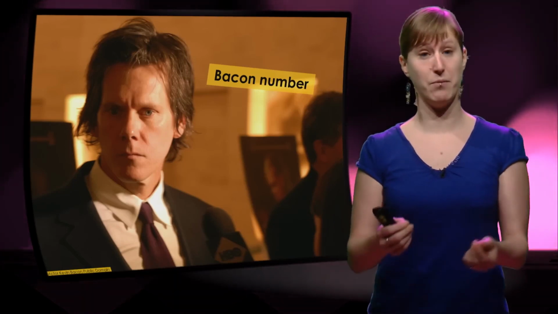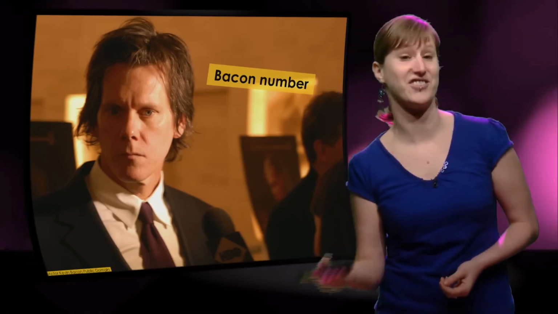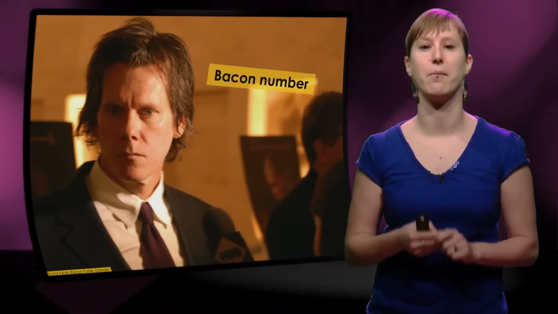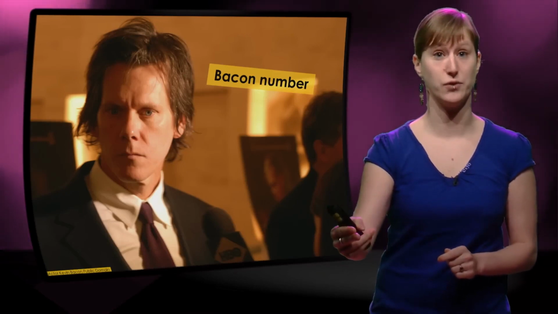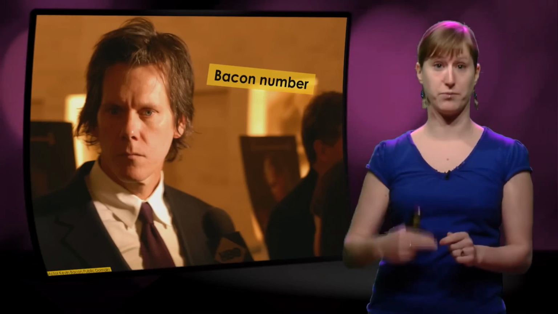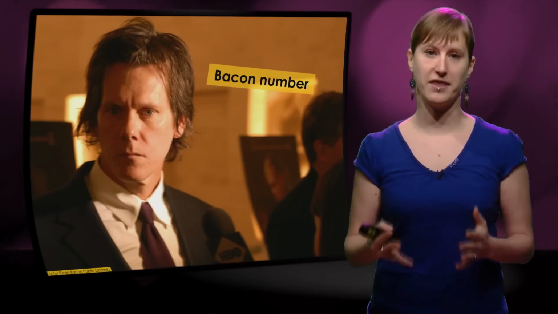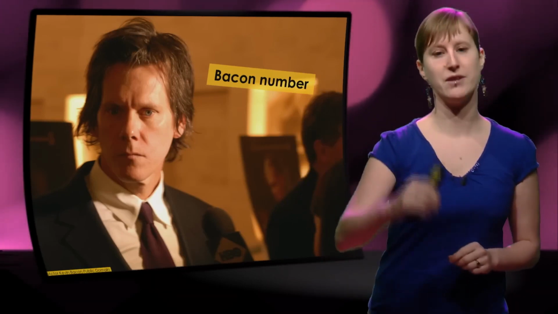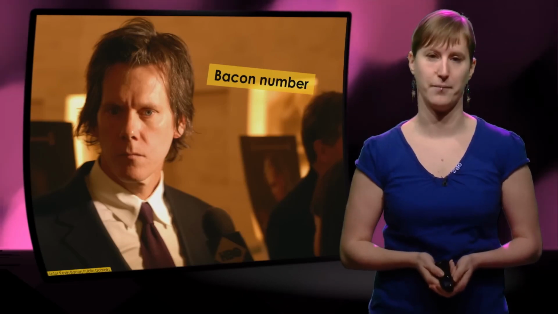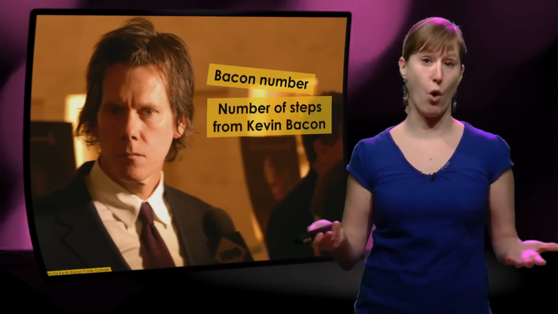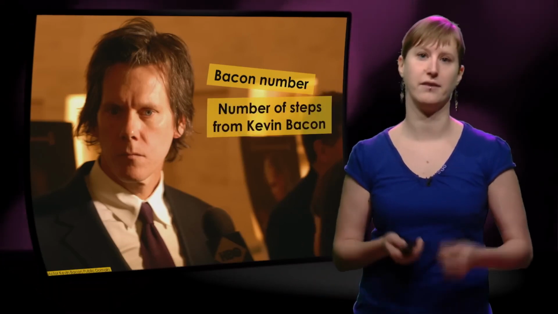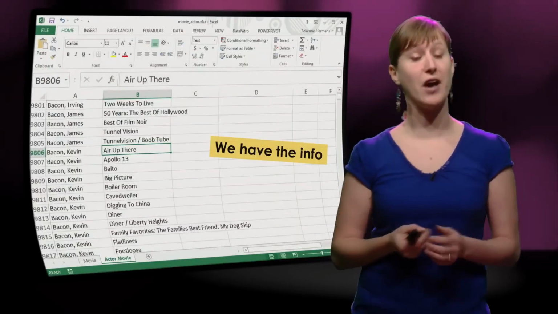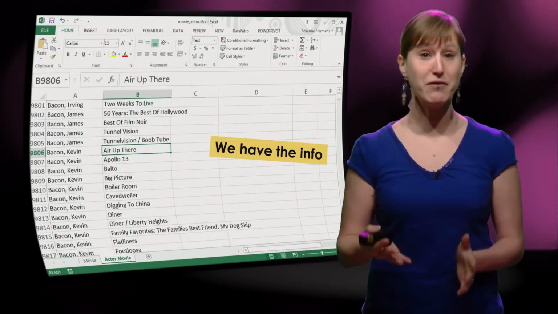Someone that has played in a movie with Ed Harris, like Nicolas Cage in one of my favorite movies, The Rock, will have Bacon number 3 because his distance to Kevin Bacon is 2 hops via Ed Harris. So in this way we can chart everyone who has played in movies based on their distance to Kevin Bacon. So the number of hops, the number of steps from Kevin Bacon defines the Bacon number. We should be able to calculate this information in our little movie database, right?